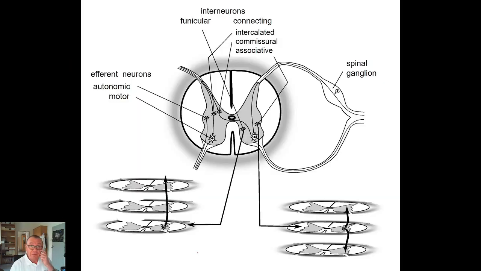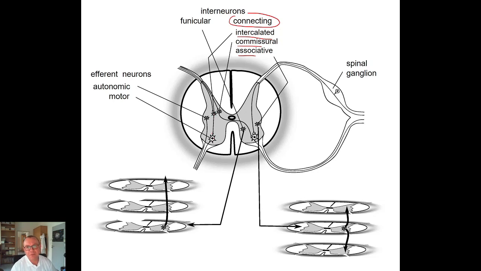This schema can explain differences between the three types of connecting interneurons. Connecting interneurons can be, as I already said, intercalated, commissural, or associative. Intercalated neurons are smallest. Their bodies are usually situated in dorsal horns, and they connect afferent axon coming from the dorsal root with the efferent, usually motor neuron situated in the ventral horn.